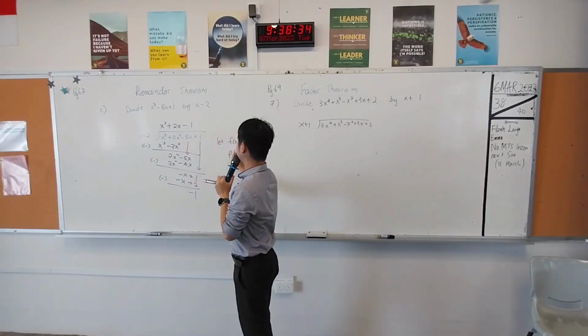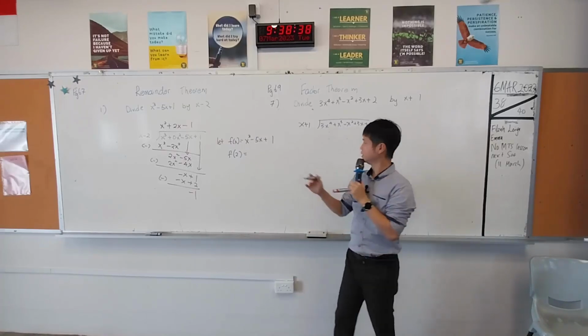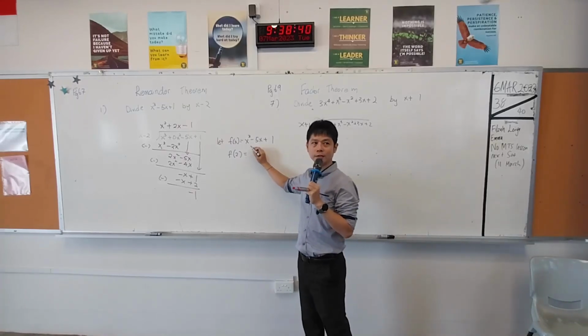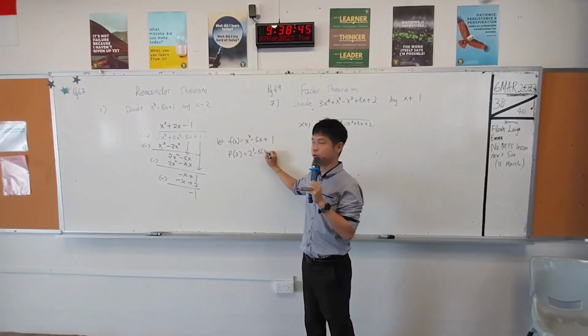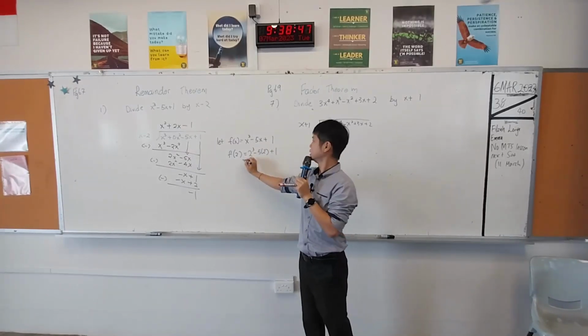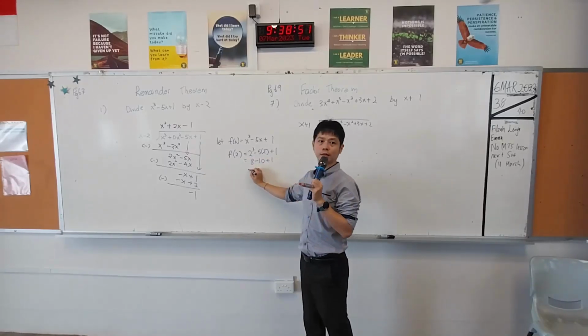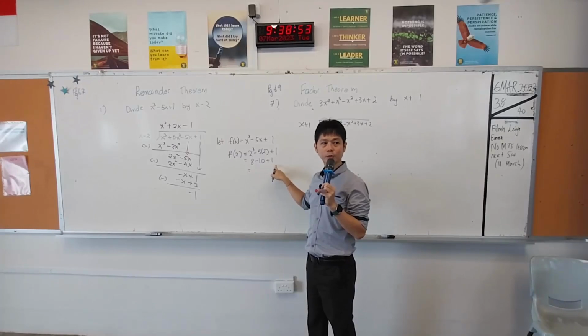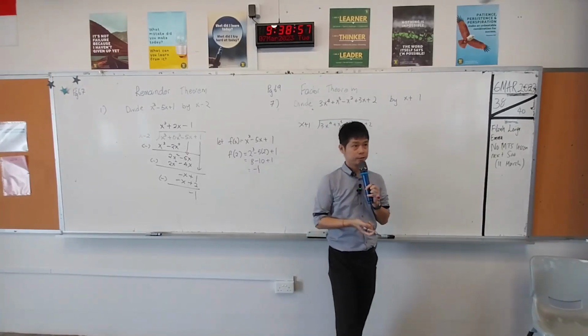So I will sub in the value 2 here. I will explain why later. That will give us 2 cubed minus 5 times 2 plus 1, 8 minus 10 plus 1, negative 2 plus 1, negative 1. Then I got the remainder immediately.